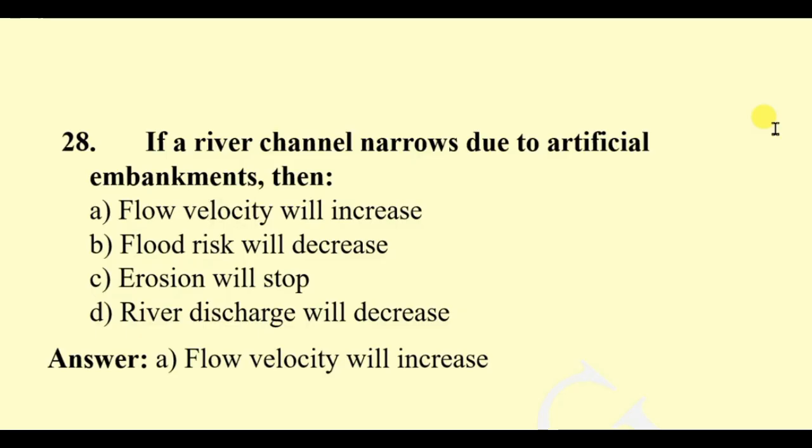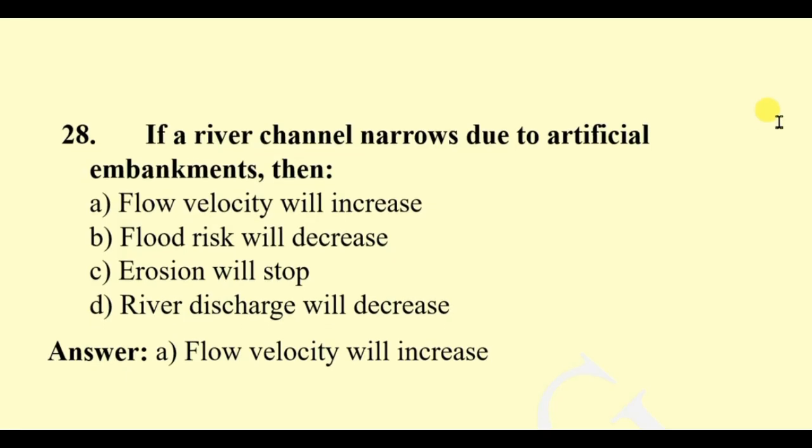So for that much water to transport, it has to increase the speed of the river or the flow velocity. Such kind of features occur in the riffle section of the river, not in the pool section. Riffle means the wider channel, pool means the less wide.